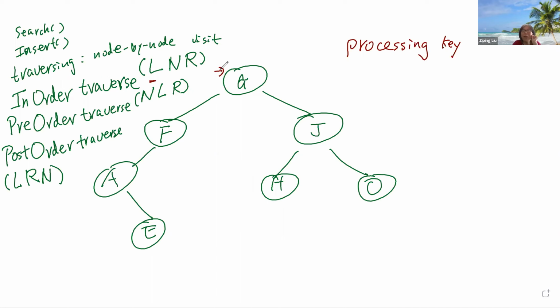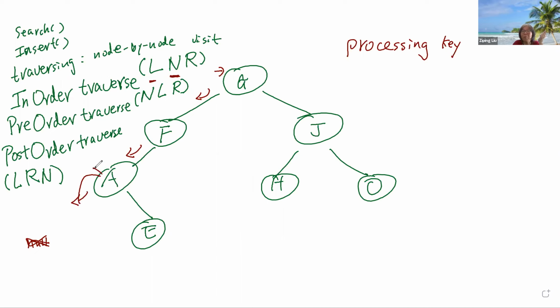So left first, and this node still has a left node. I follow its left node to reach F. F still has a left node, so I go further left, to A's left. A doesn't have a left, so it's null and you don't need to process it.